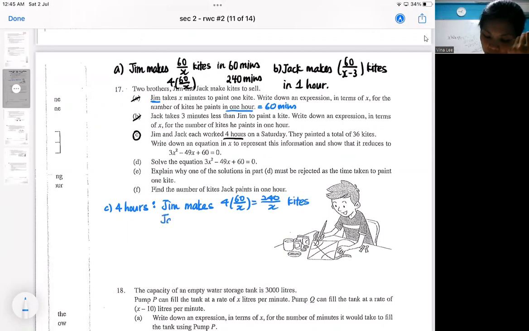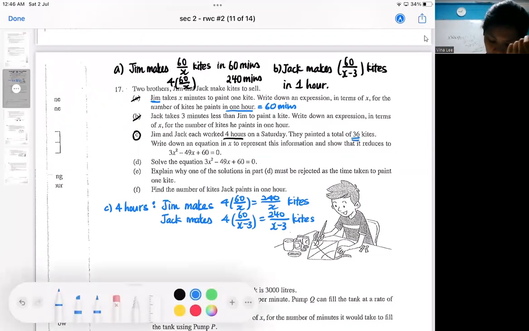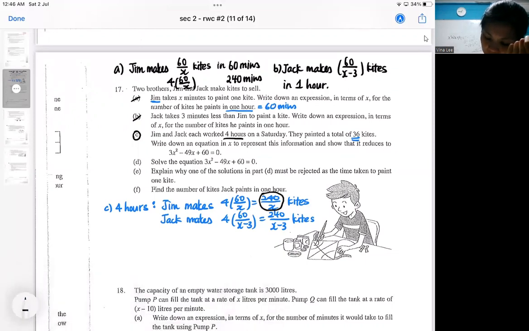And then Jack will also make 4 times his quantity, so multiply the 4 to the numerator. That is the quantity of kites based on the 4 hours. And then the total is 36, meaning I will add these two and it will become 36. So how will it lead you to the equation that we want?